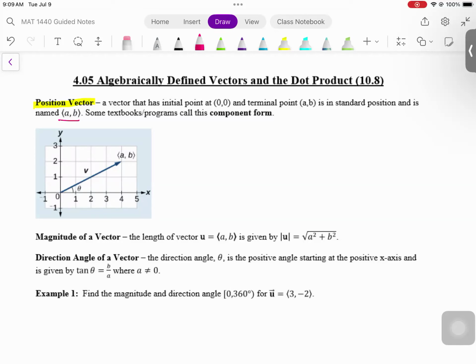Some textbooks and programs call this the component form of a vector. So we have a visual here showing a position vector, again, that initial side is at our origin 0, 0, and a terminal side at some ordered pair a, b.